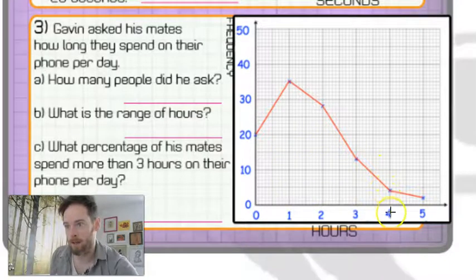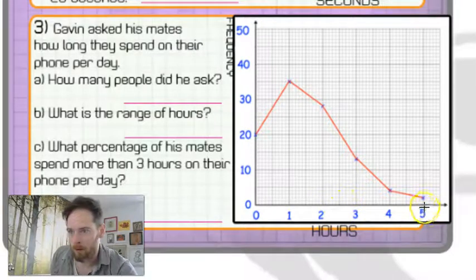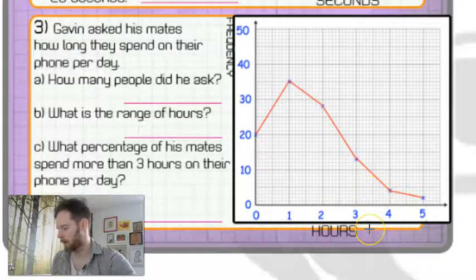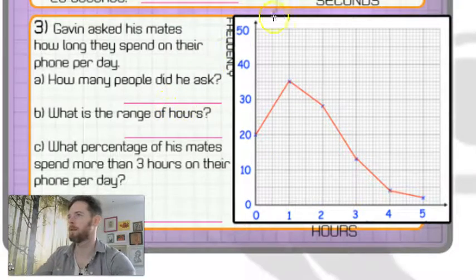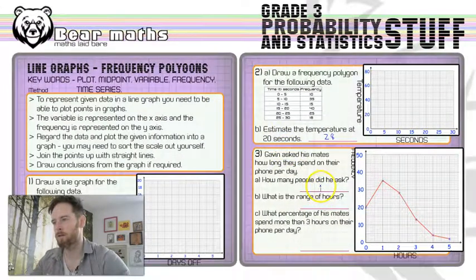Again, you'll be able to see this a bit clearer, not on the computer. That one looks to be at 4, so plus 4. And then at this number 5 hours here, people that spend 5 hours a day on their phone, 2 people. Okay, so add the 2. Right, 102. That's what that one is. So I'm going to zoom out of that. And there we go. I'm going to write down that it is 102 people.